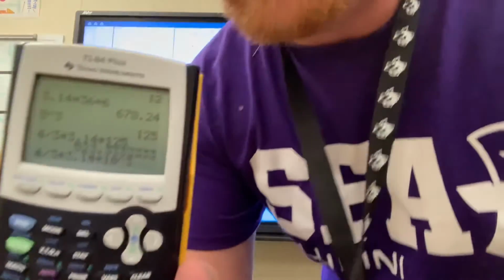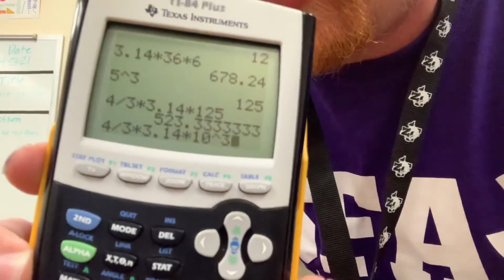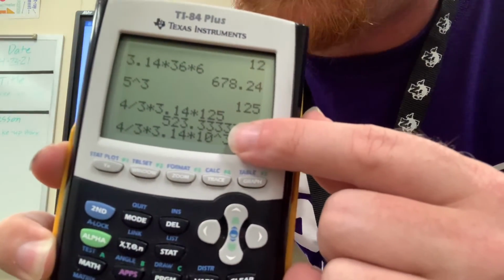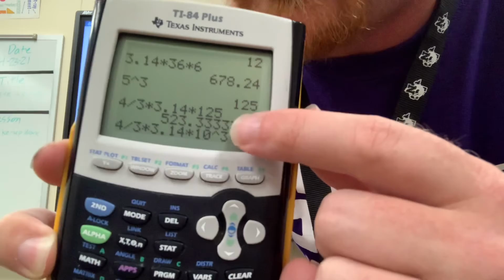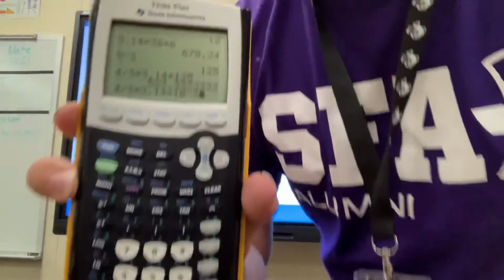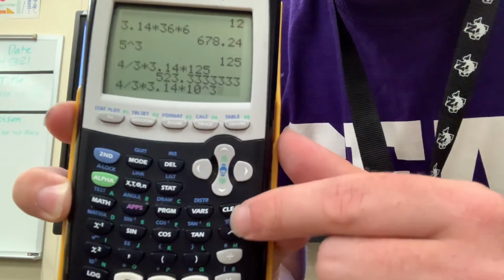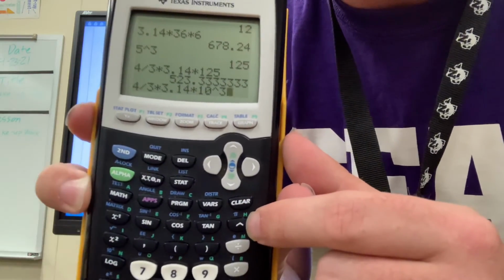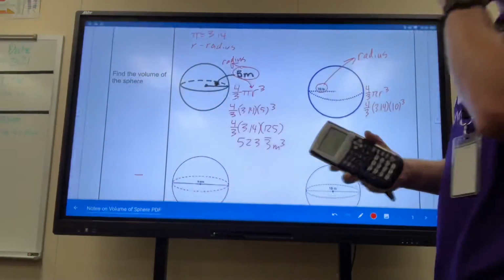So see this right here? See that little rooftop arrow thing? That tells the calculator that we have an exponent, which is going to be 3. So the button for that, it's going to be right here. This is the button you use to put the exponent in.